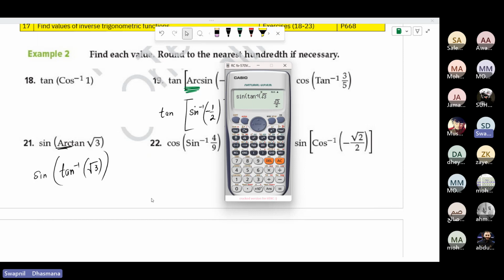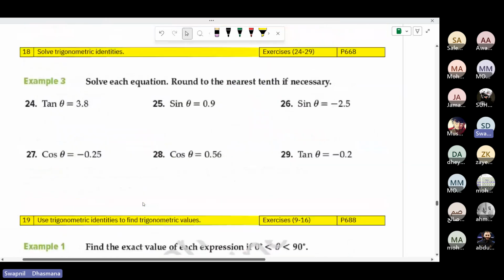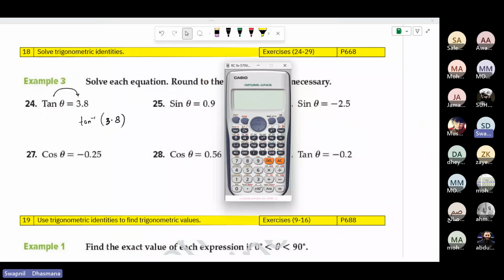So inverse trigonometry, this is where you have to, you see every other question already has arc. If you see arc, take tan here, it becomes tan inverse. Now this has to be, I think, in radians, because the answer doesn't have degree. So see, you can always figure out if it's correct or not.